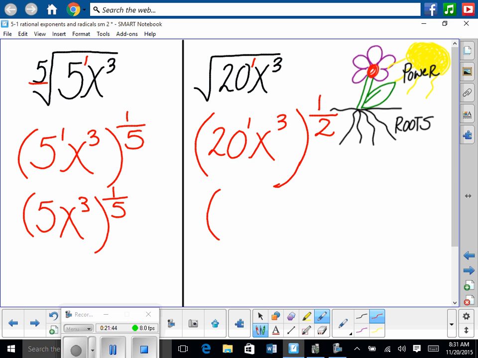So what we have is 20 to the 1st, which is just 20, so 20x cubed, and then it's raised to the 1/2 power. Now look, it specifies that 20 was not raised to the 3rd, only x was, but they're both under the square root. Does that make sense, everybody? A little bit harder. Yeah.